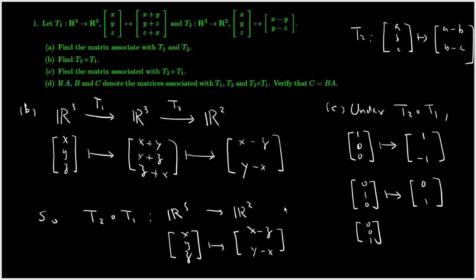X and Z are zeros. So correct me if you see anything wrong. And then 0, 0, 1: Z value is 1. I think you have negative 1, negative 1, 0, right?